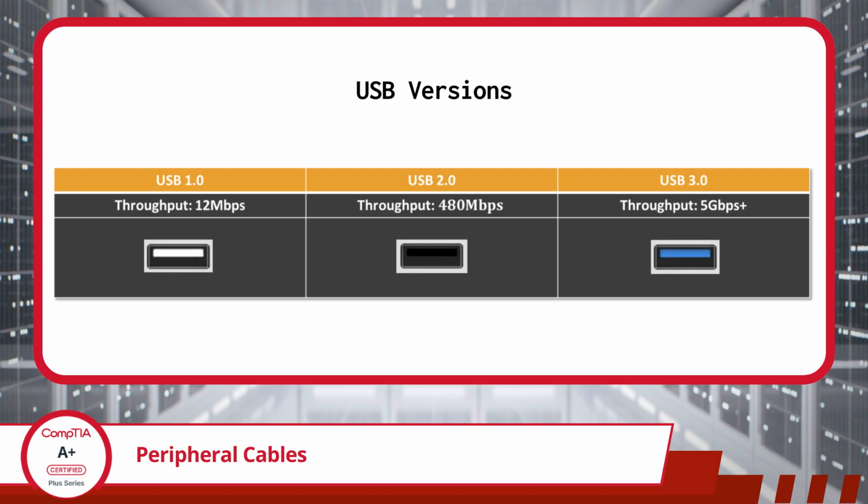USB 2.0 brought about notable improvements in data transfer rates, offering speeds of up to 480 megabits per second, making it the preferred choice for connecting peripherals like keyboards, mice, and printers to your computer. This upgrade allowed for smoother and more responsive interaction with these essential devices, enhancing overall user experience.